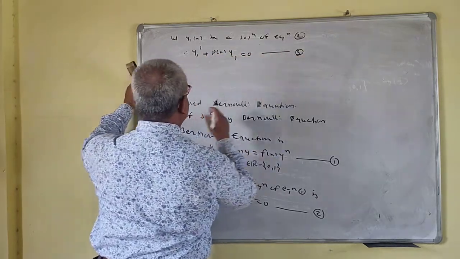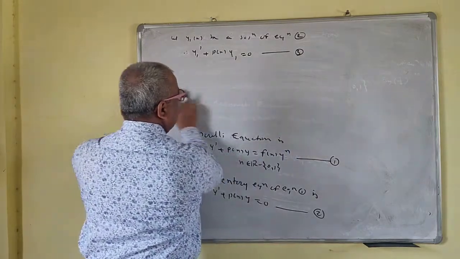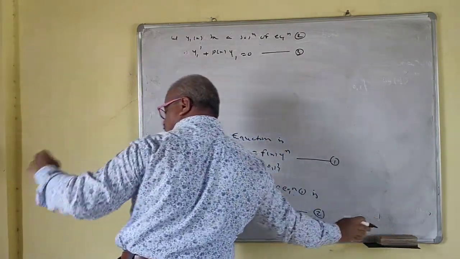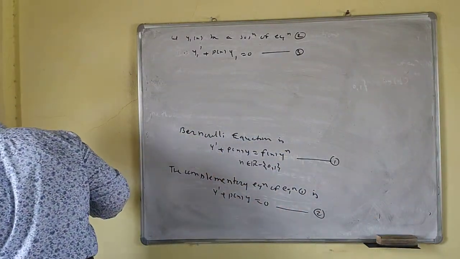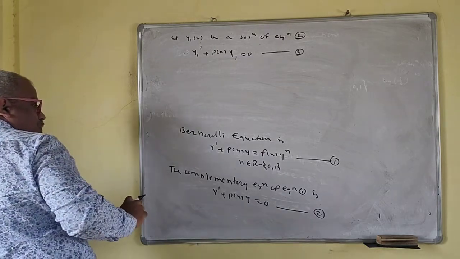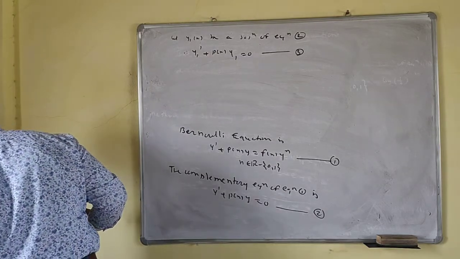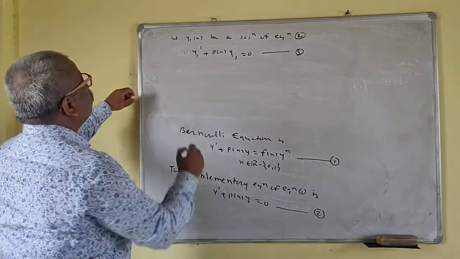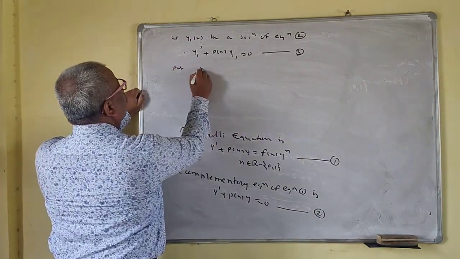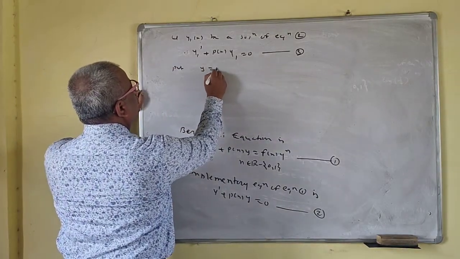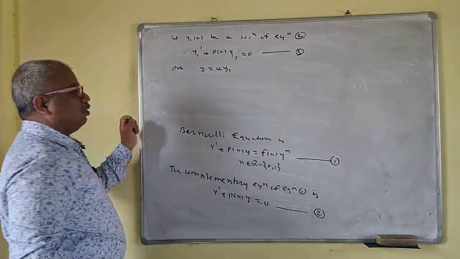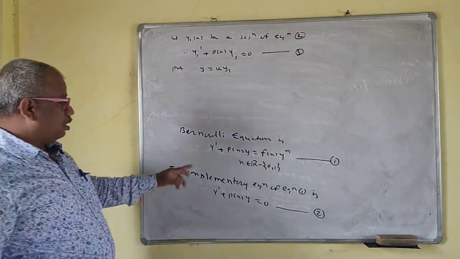We call this equation 3. Now we are interested to find the solution of equation 1. So put y is equal to u y1 in 1.